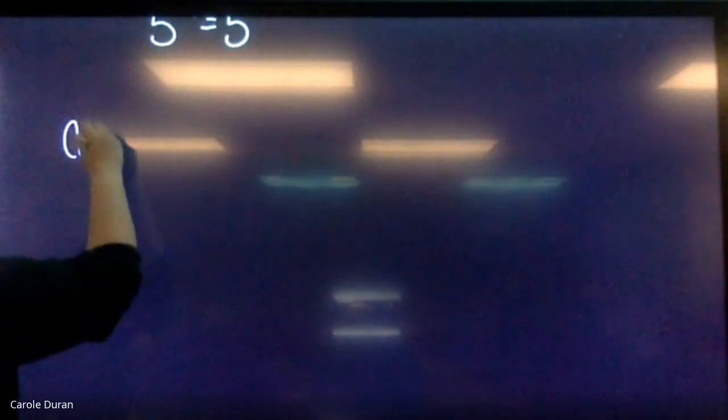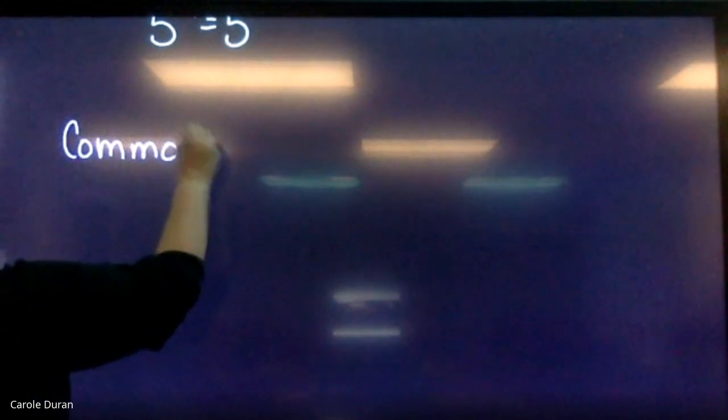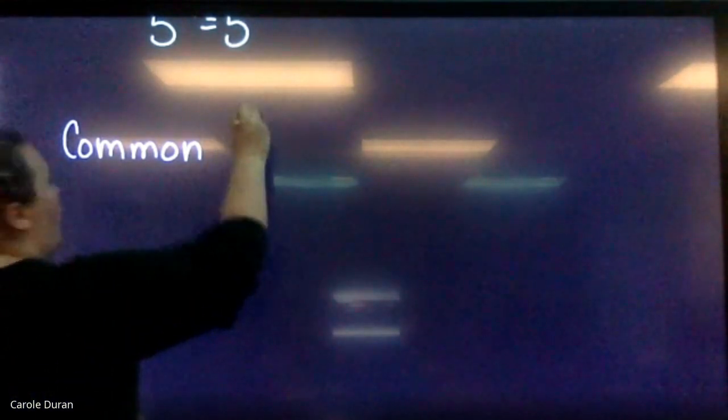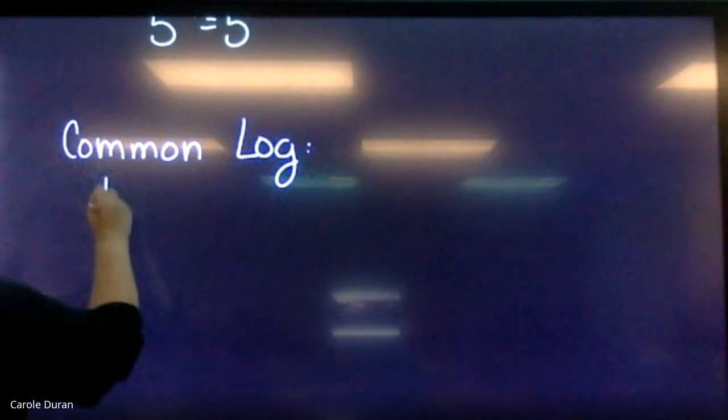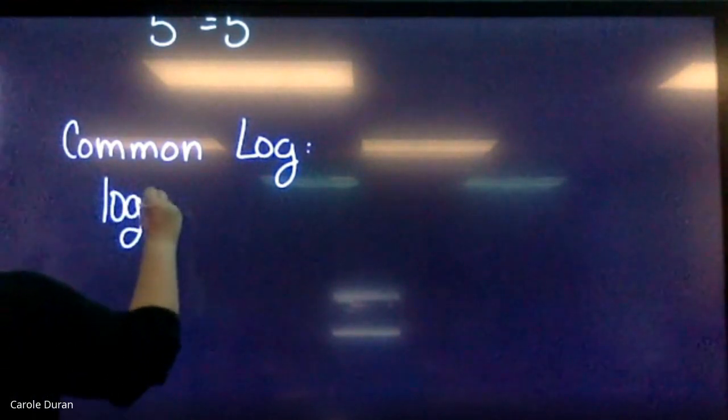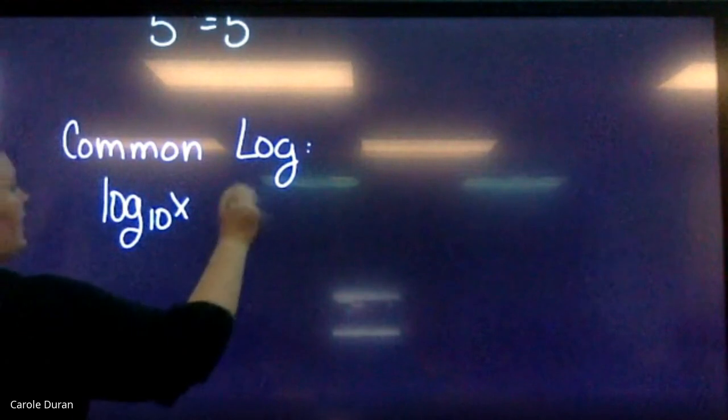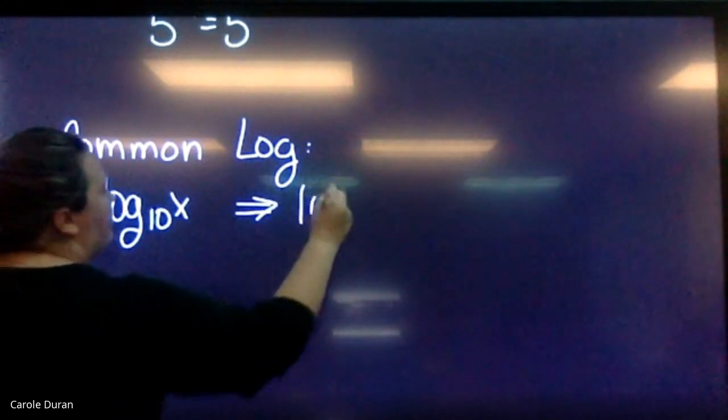So the most, I hate to say common, but the most popular or mostly used type of log is called our common log. Common log is a log base 10, and it is also just written as log of x.